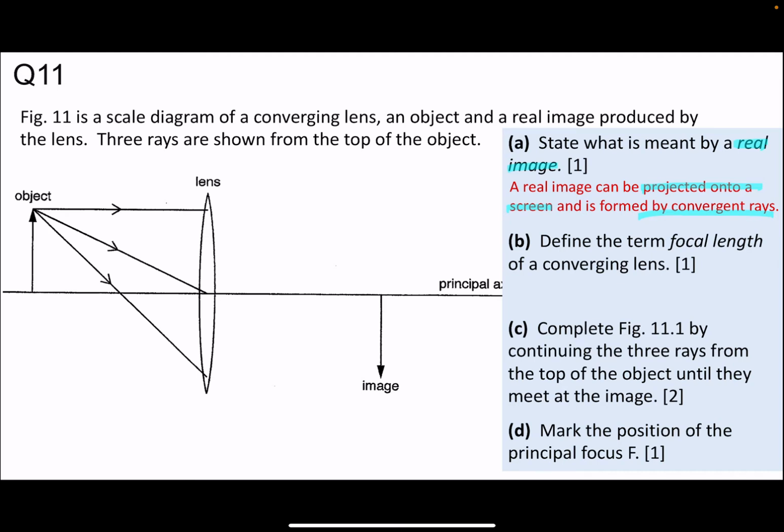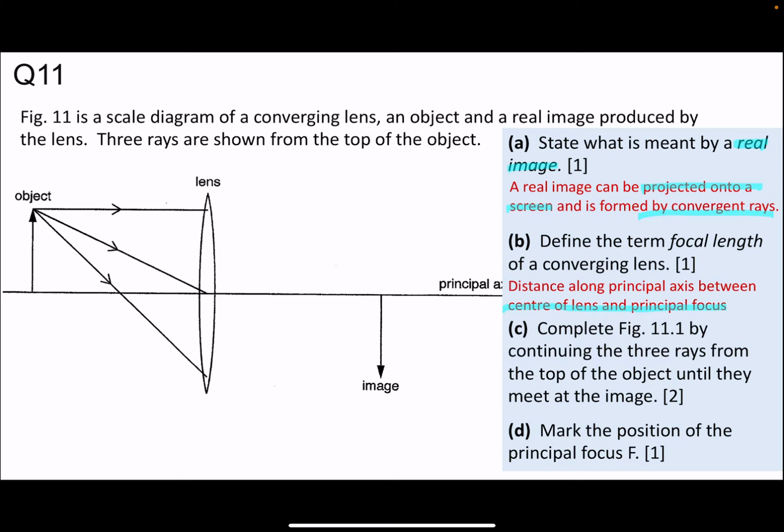Define focal length. Focal length is the distance along the principal axis between the center of the lens and the principal focus.